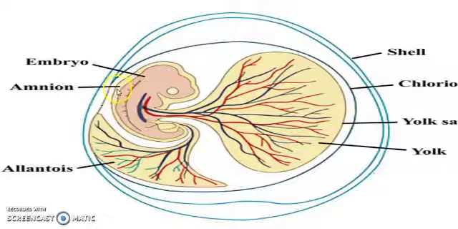It provides moisture and also prevents desiccation, and also protects the baby from mechanical injury. And here is the allantois that stores the nitrogenous waste, just like a baby's excretory system. And the point where the chorion and allantois fuse to each other is called the chorioallantois. This junction point is used for respiration.